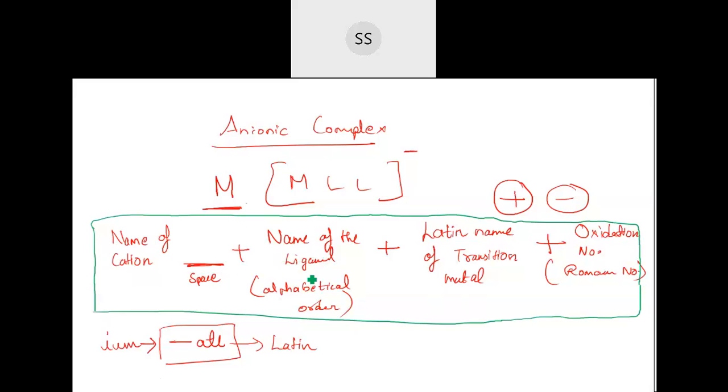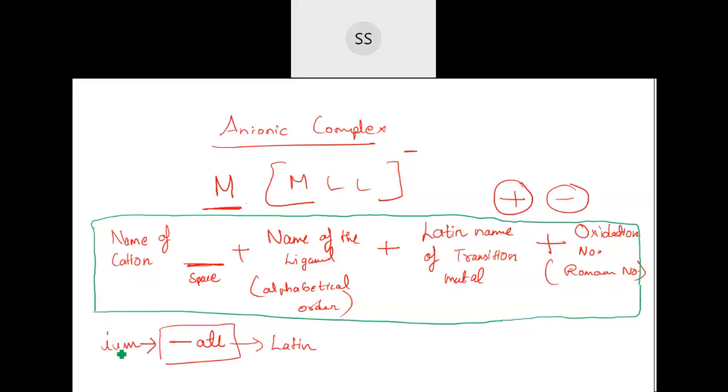Then you will go for that complex negative ion part. Inside that you will name the ligands first according to their alphabetical order when many ligands are there. Then you will write the Latin name of the transition metal, followed by the oxidation state of that particular transition metal, and that has to be written in the bracket in Roman numerals.